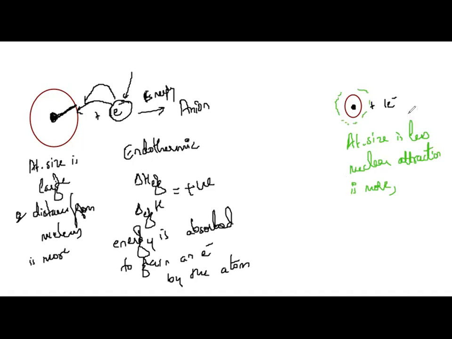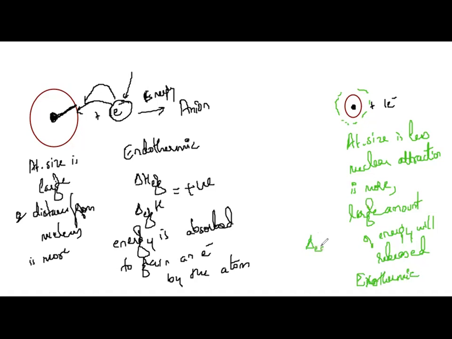Since it is gained by the atom immediately, a large amount of energy will be released. So when a large amount of energy is released, what do I say? I call it an exothermic process.